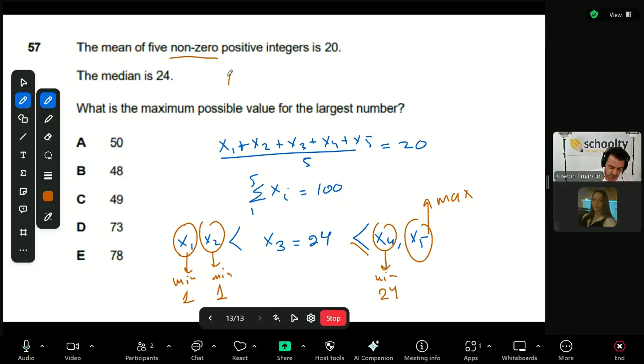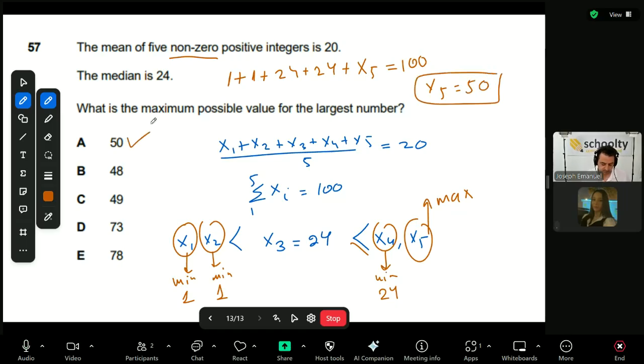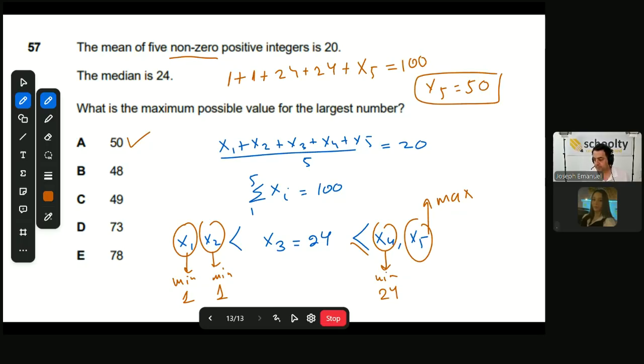So let's calculate. 1 plus 1 plus 24 plus 24 plus x5 equals 100. x5 can be how much? 50. Yes. So x5 is 50. Okay, that's easy.